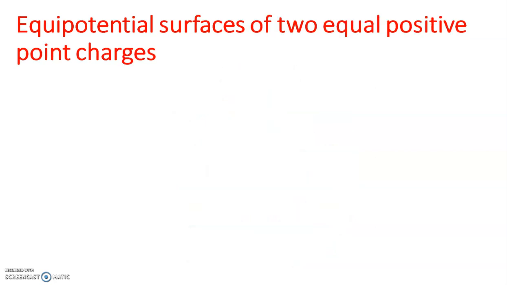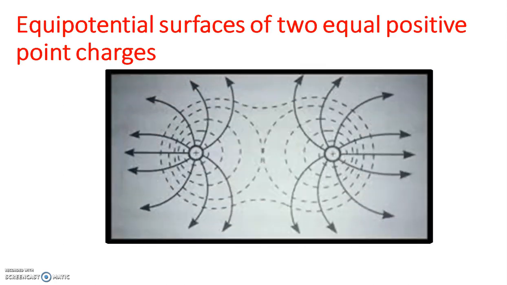Now equipotential surfaces of two equal positive charges. So if two equal positive charges are there, the field lines we already discussed, arrows, no need to tell about that. Equipotential surfaces you can see with spherical shape. At some position in between the charges, equipotential surface separation is more.